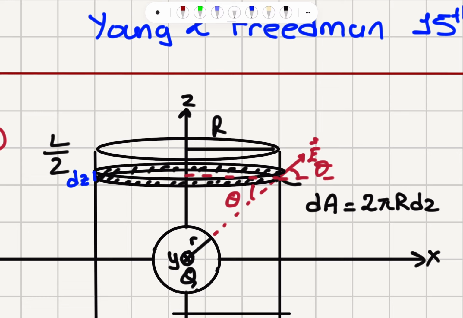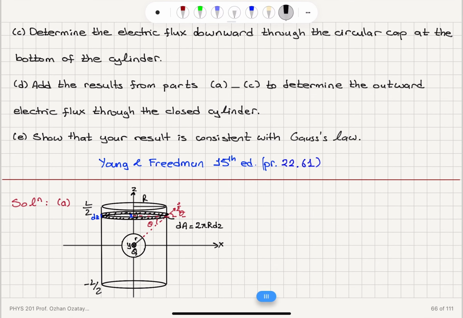And this area element is located at point z, which is basically point z on the z-axis. So you can see that tangent of this angle theta is z divided by capital R.